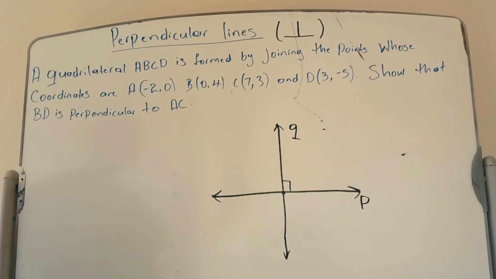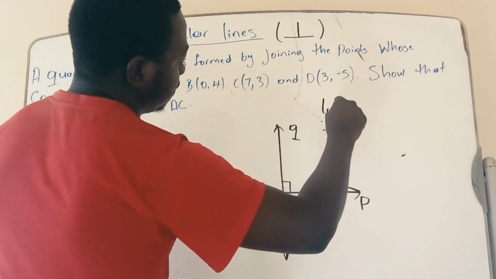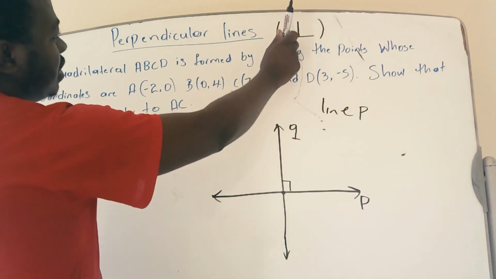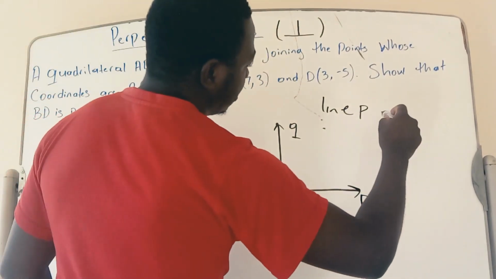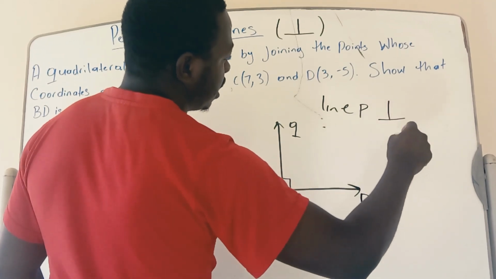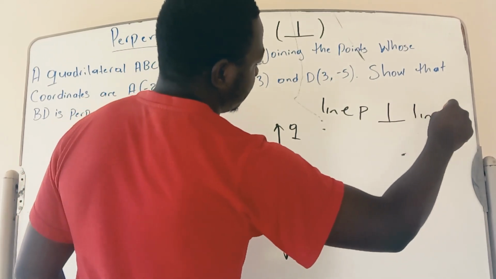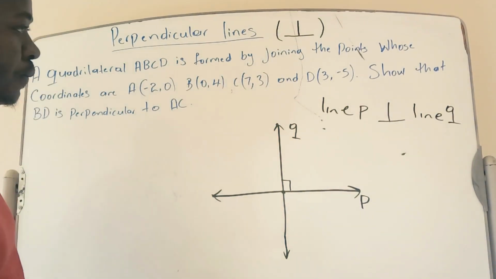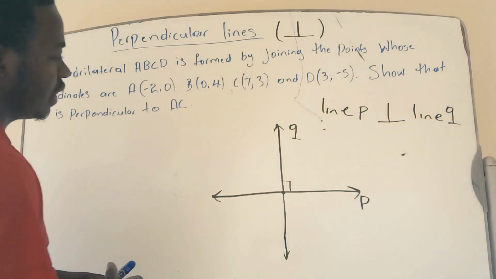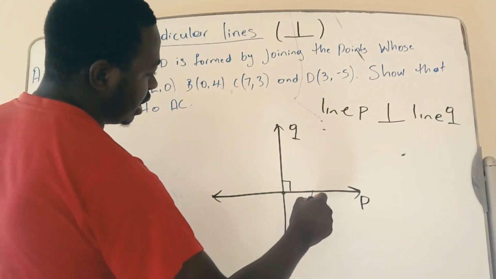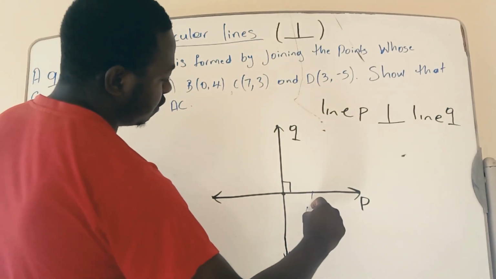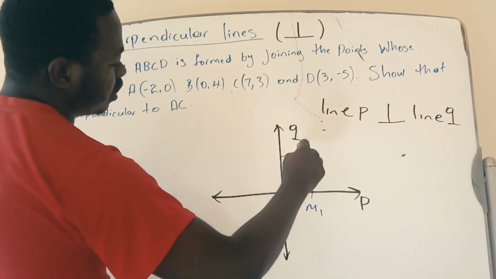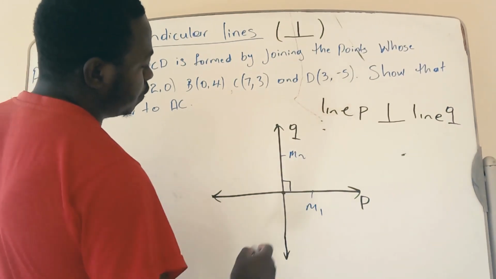So we can say that line P, and note that this sign means perpendicular, line P is perpendicular to line Q. Right? Let's say that this line has a gradient of M1, and let's say that line Q has a gradient of M2.